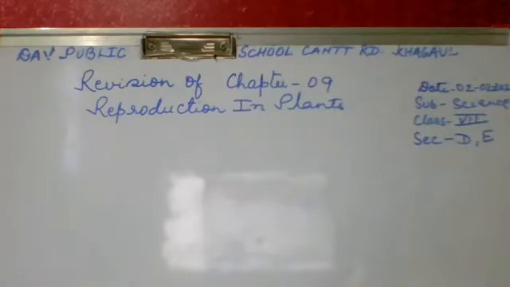Although they all are combined, if it is asked what is the name of the reproductive organ, you will say flower. Then what are the different parts of that reproductive organ? Then you will say this is stamen and pistil, and stamen contains anther and filament, and pistil contains stigma, style, and ovary. That is sufficient.